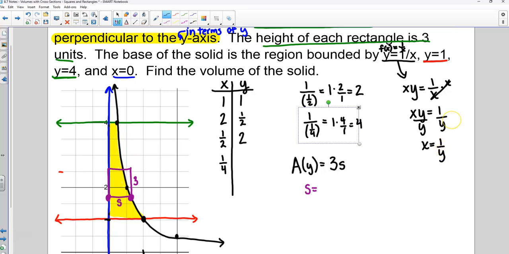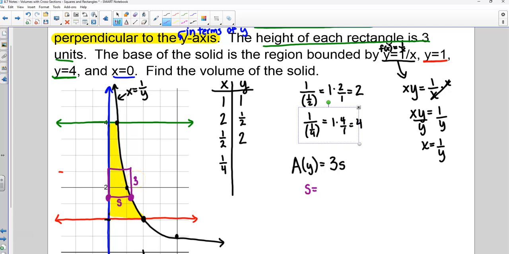This is a function that is its own inverse, really. So you end up with the same thing, right? So this graph right here, I could call it y equals 1 over x, but I need things in terms of y, so I'm going to call it x equals 1 over y.